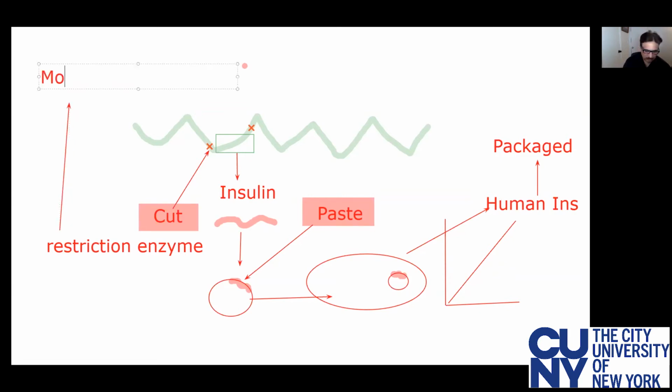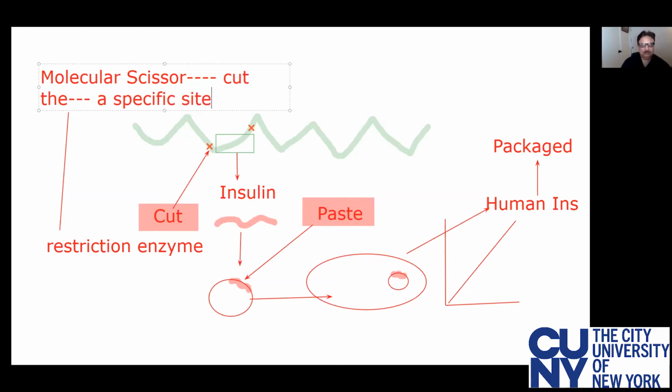Restriction enzymes are called molecular scissors that can cut the DNA, but they cut the DNA at a very specific site. Right? So I'll come to what a specific site is. And then how it is pasted.